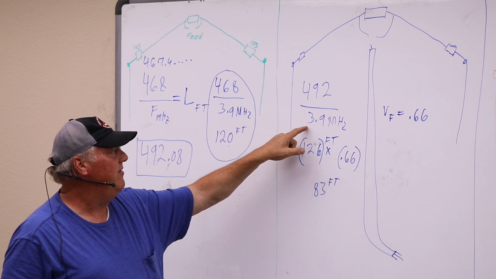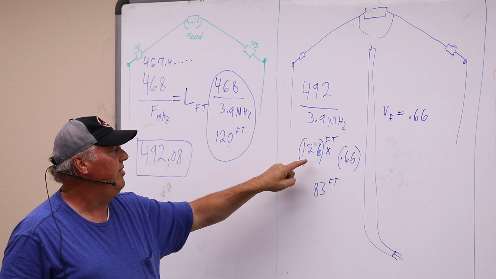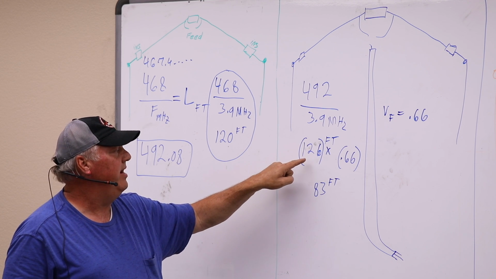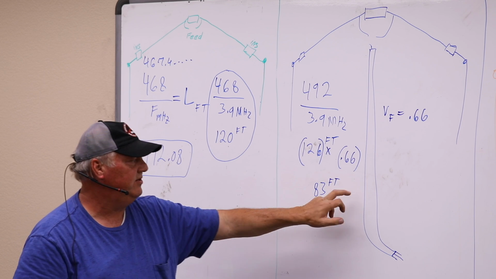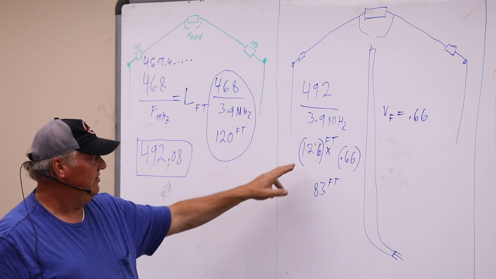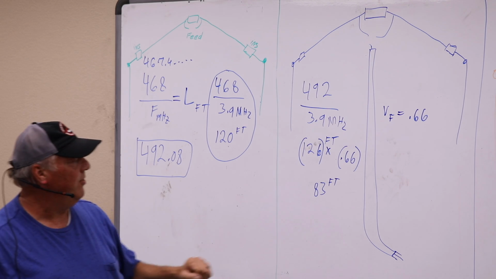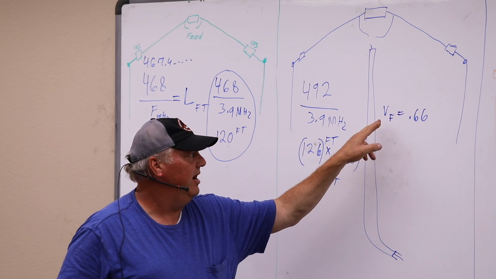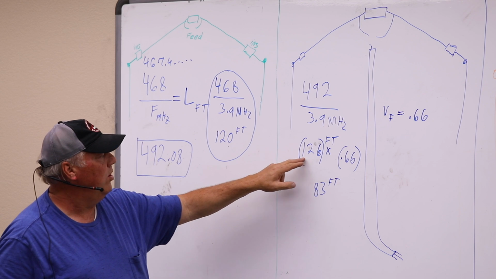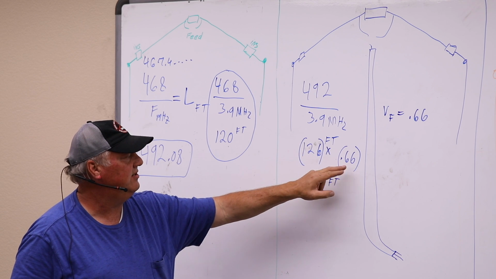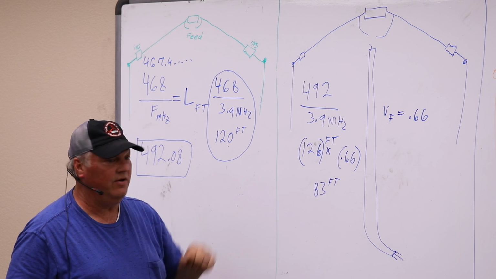We divided by our frequency, and we come up with what that length would be in free air at the speed of light, no resistance by this cable. And then we say it's 126. Then we look up our cable, and we say that cable has a velocity factor of 0.66. And we multiply 126 times 0.66, and it comes out to 83 feet.